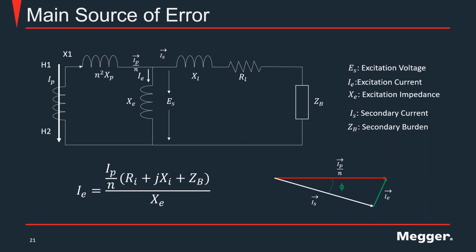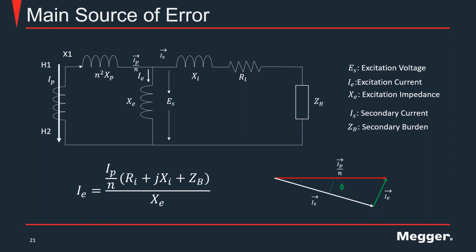In the metering CT, you're looking for accuracy over all the range. You're using metering CTs to charge people money, so you want to be as accurate as possible. On a protection CT, you're looking for the ability to measure over a wide range of currents. And in your protection schemes, you protect yourself against the inherent inaccuracy of that measurement.